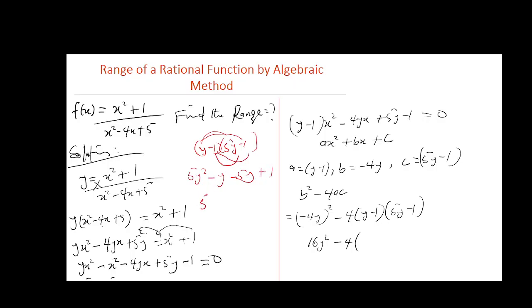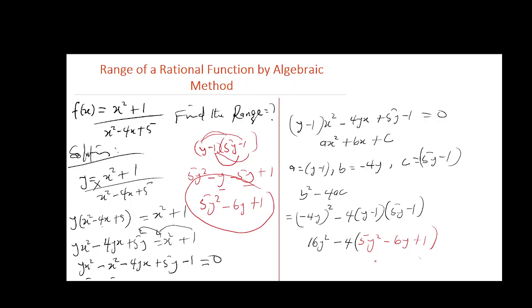And we have 5y squared minus y minus 5y will give us minus 6y plus 1. So we will plug this in here. We are going to have 5y squared minus 6y plus 1.